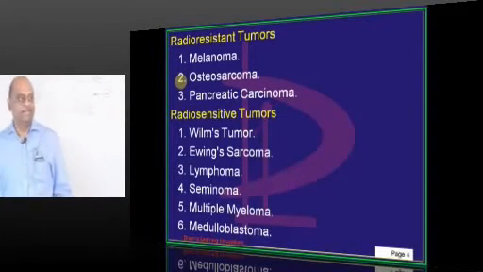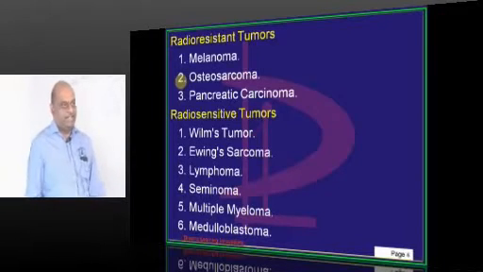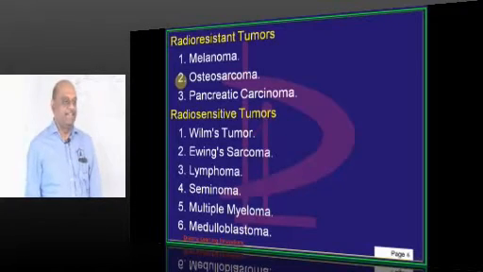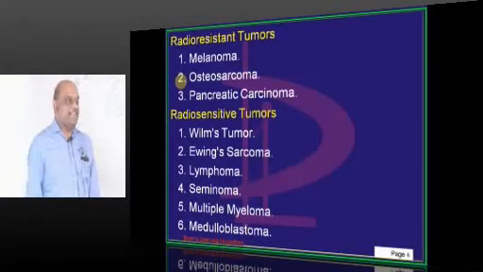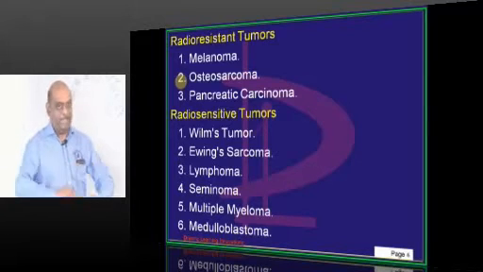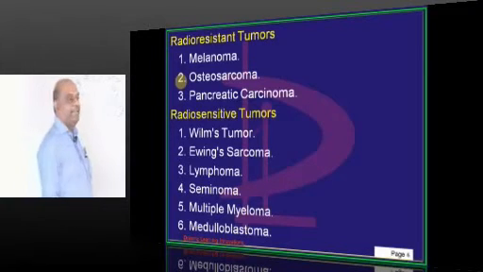How will you remember? Melanoma is skin cancer. We all know because of radiation we get skin cancer. If radiation causes skin cancer, how can radiation cure the skin cancer? So, melanoma, radio-resistant. Then, osteogenic sarcoma.